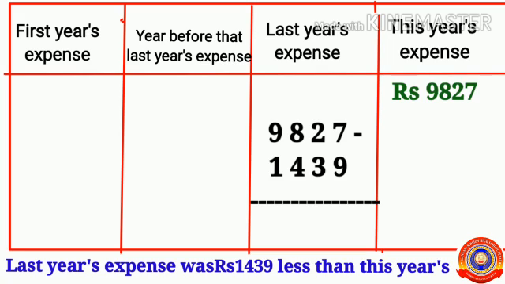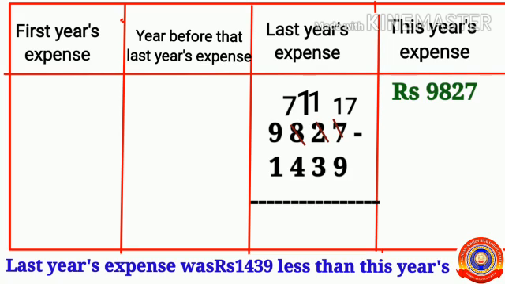1439. We can't subtract 9 from 7, so borrow 1 from 2. 7 becomes 17 and 2 becomes 1. We can't subtract 3 from 1, so borrow 1 from 8. 1 becomes 11 and 8 becomes 7.